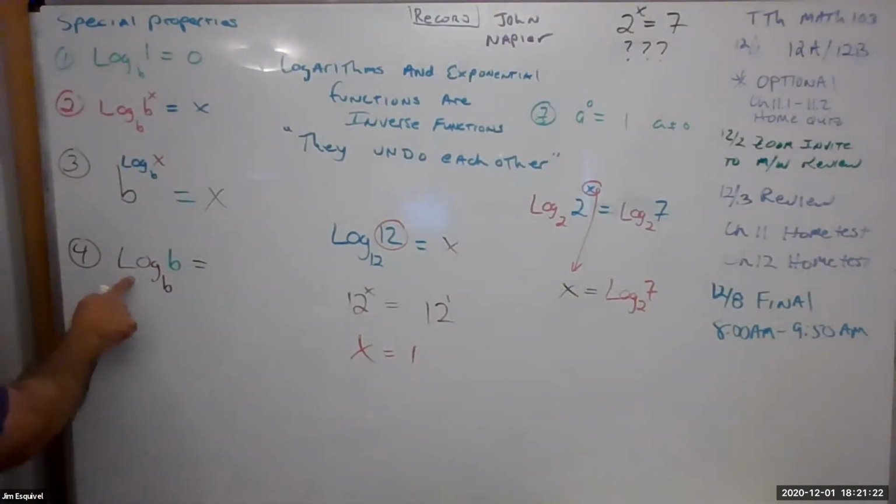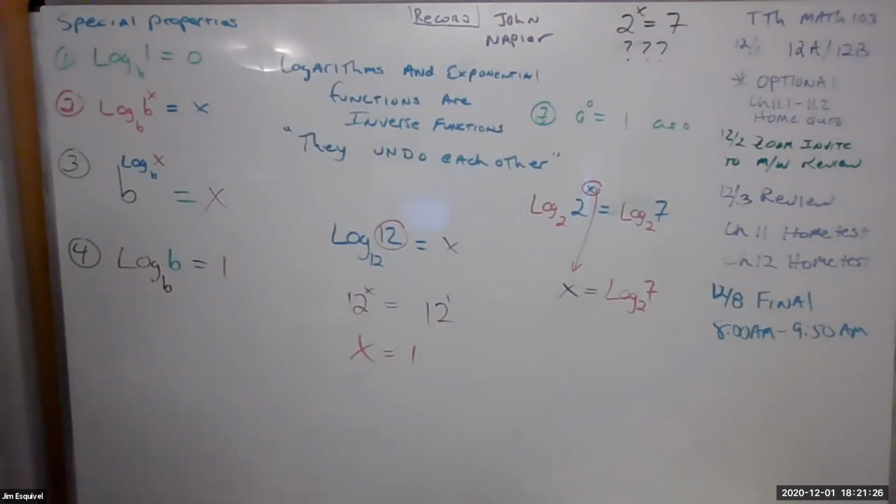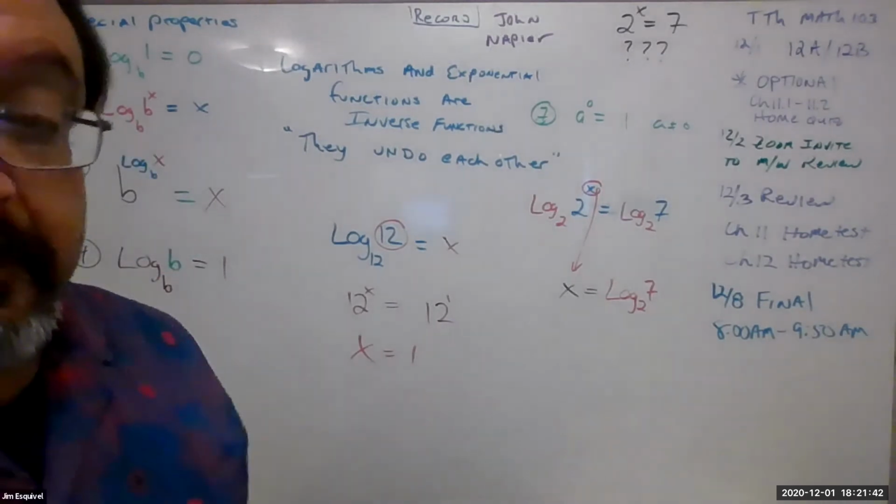So anytime you have a logarithm base b of itself, the answer is 1. And those are properties where if that is what you're staring at, the answer requires no work whatsoever.